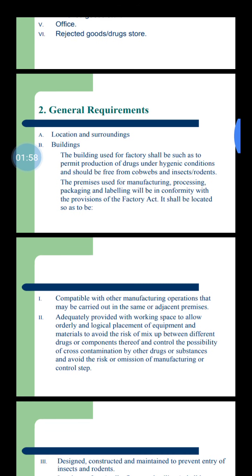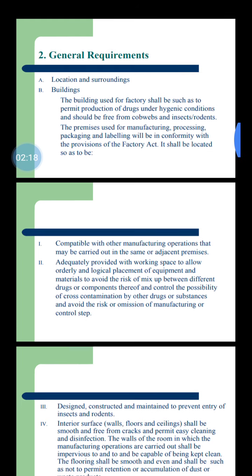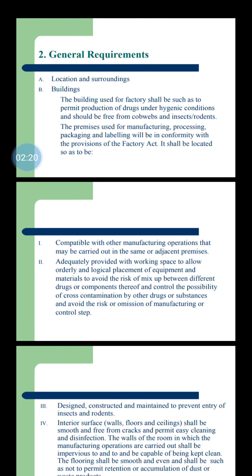Second, general requirements for a pharmacy process. First, location and surroundings, a very important thing. What are the location and the surroundings of the factory premises? Then second, the building used for the factory shall permit production of drugs under hygienic conditions.